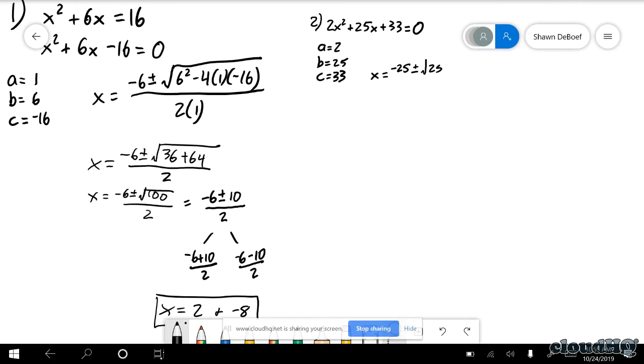Over b squared minus 4 times a times c, all over 2 times a.